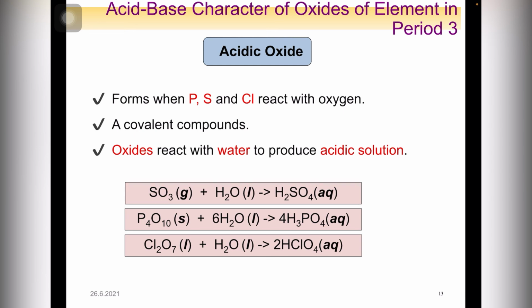When sulfur trioxide dissolves in water, it will form sulfuric acid. Phosphorus decaoxide, when it dissolves in water, will form phosphoric acid. And Cl2O7 will form perchloric acid. So this is a characteristic of the oxides of phosphorus, sulfur, and chlorine.